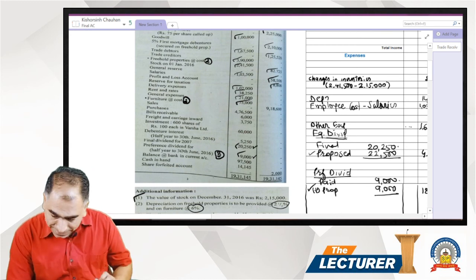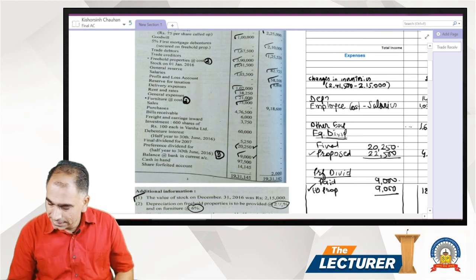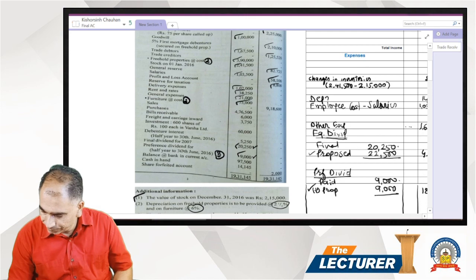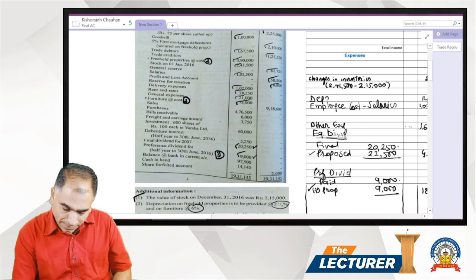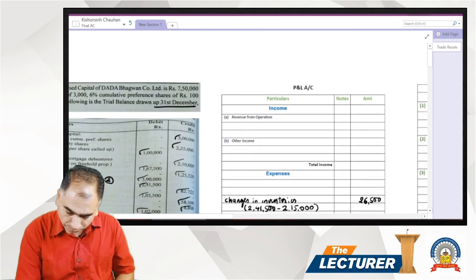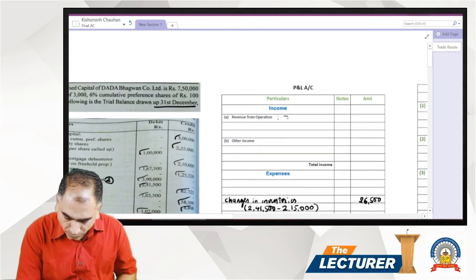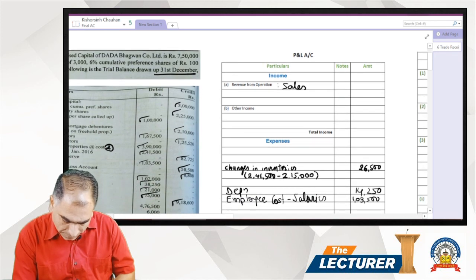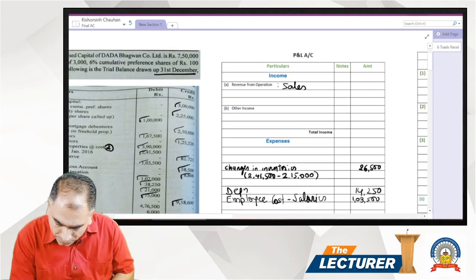Thereafter we have sales. Sales is revenue from operations, 9,18,600.